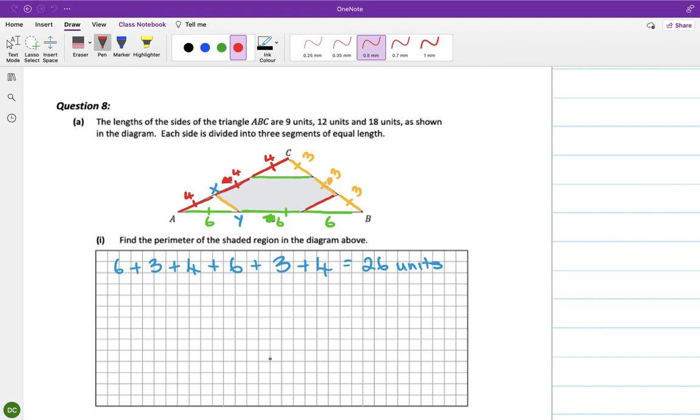So that is AXY, and that is 6, 4, and 3. And then I'm going to draw the main triangle, which is ACB, and that is 12, 9, and 18.